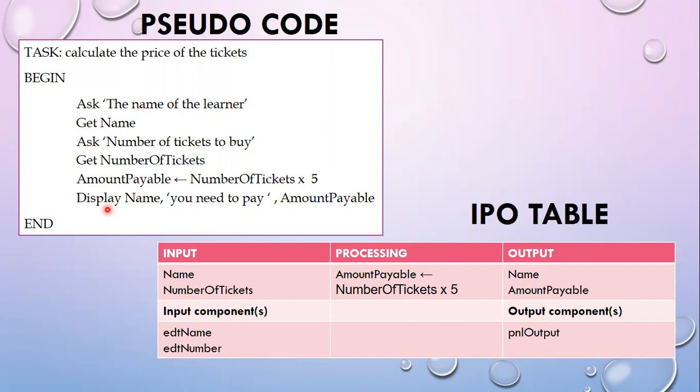So Jeremy, you need to pay, and there's my variable amount payable, and that will be the calculation from number of tickets times 5. And what will I use to display it? A panel. I could use a label. I could use a memo. I could use a show message, but in this instance, we're going to use a panel.